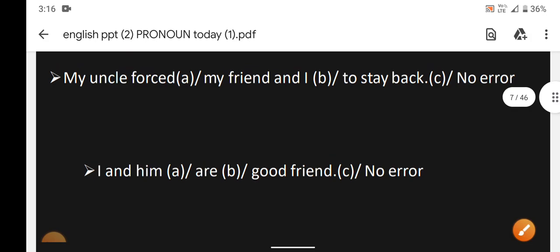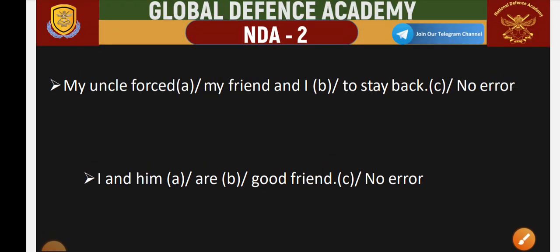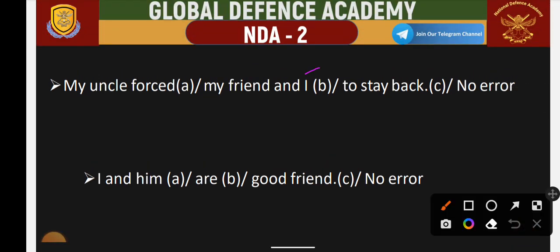And here I is used, and that is subjective case. So we have to replace I by me. I is replaced by me in order to correct the sentence. So the error is in part B.